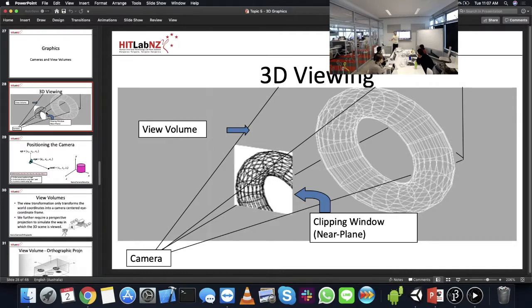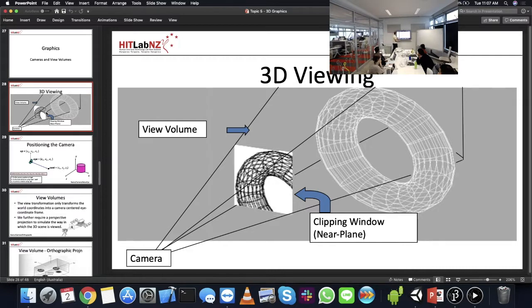You guys are fairly close to me, so you're quite large. But if we looked out the window and saw someone, they'd appear much smaller to me. And if they're 100 kilometers away, if I was able to see them, they'd be so small it would be insignificant. So we often have a far clipping plane to say, once an object gets past this distance, it's insignificant, so let's not worry about it.